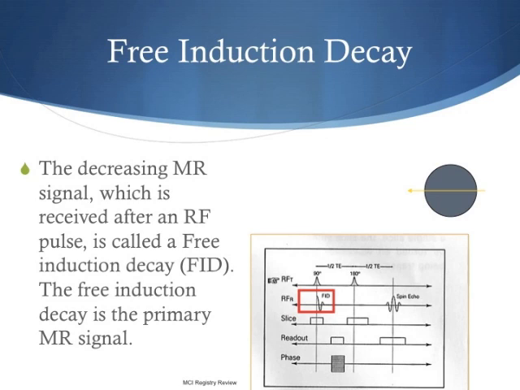As long as the RF pulse stays on, the proton will stay in this state, the transverse plane, also called the negative Z state. But what we'll find, as these pictures represent, when the RF pulse is turned off, the proton starts pulling back to the longitudinal state, to the main magnetic field, to the z-axis, however you want to refer to it.